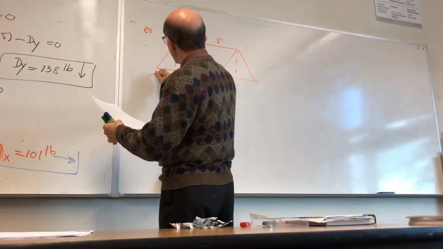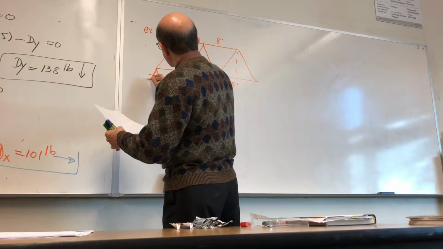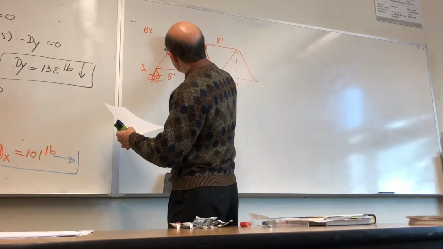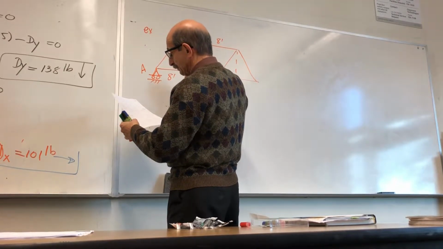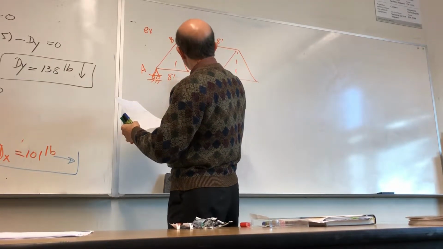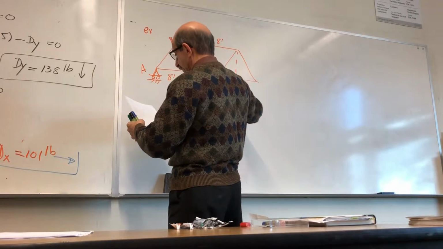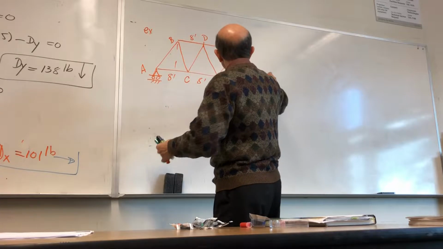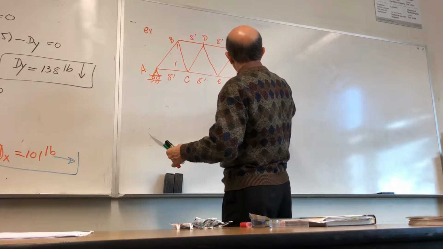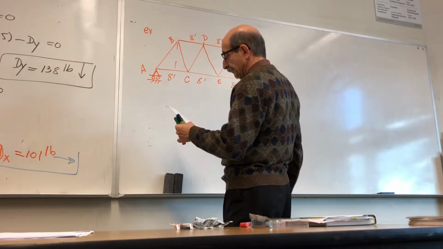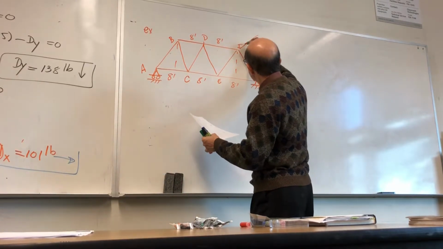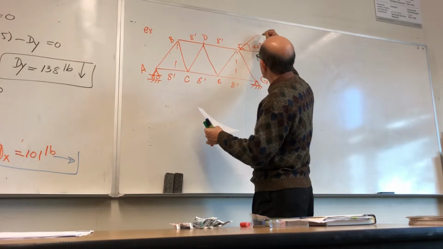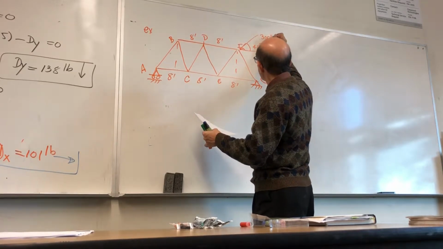The structure is supported by a roller at this end, labeled as A, and this is B, C, D, E, F, G. This is the support, and there's a force acting at 40 degrees right here, 300 pounds.